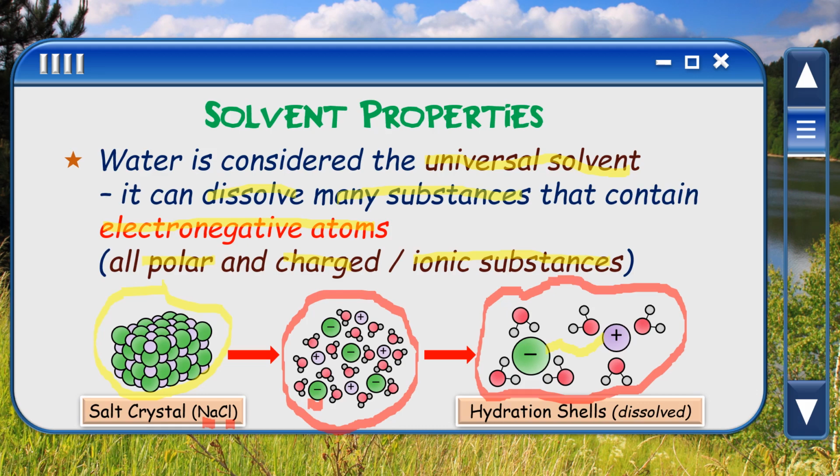So water is considered a universal solvent because it can dissolve substances that contain electronegative atoms. Those are charged, polar or ionic substances.